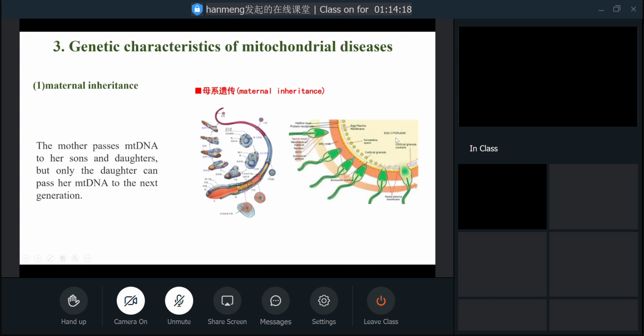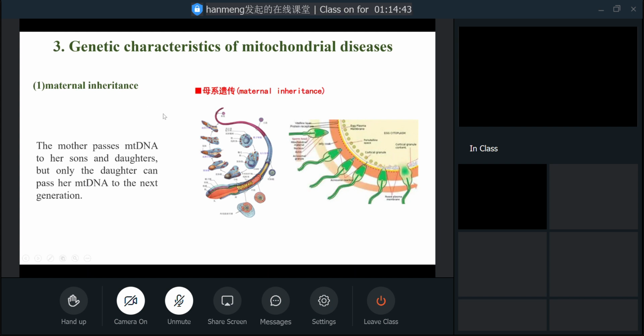So nearly the whole cytoplasm is from the egg cell. The mitochondria is in the cytoplasm, so the mitochondria of the zygote is from his mother.